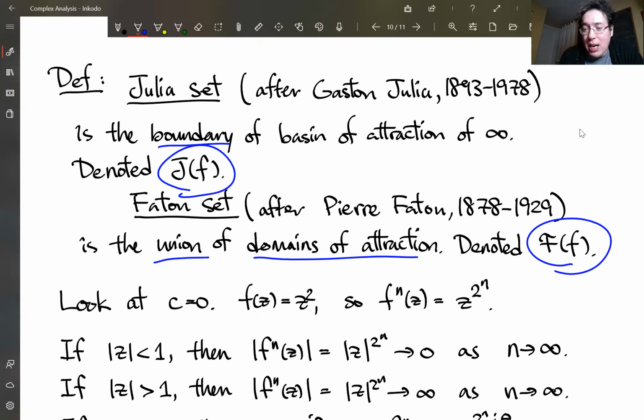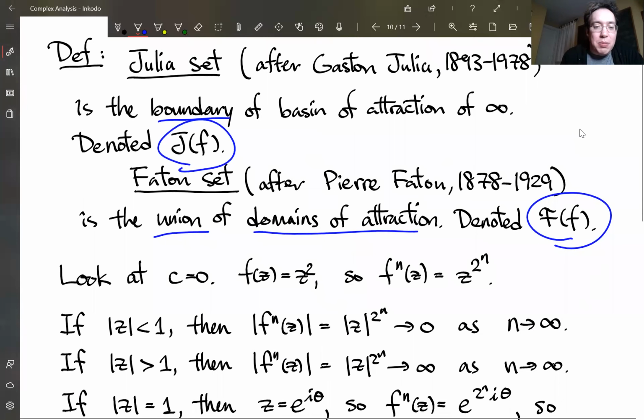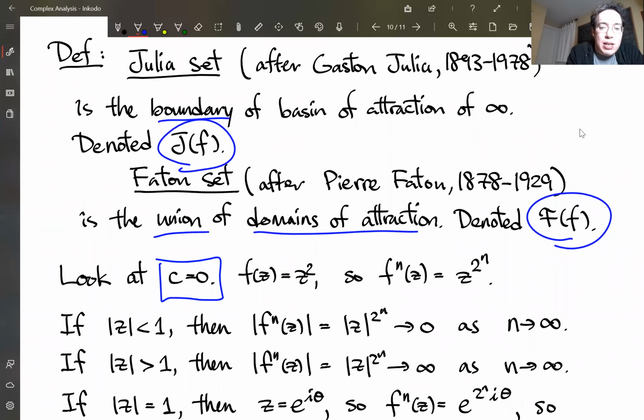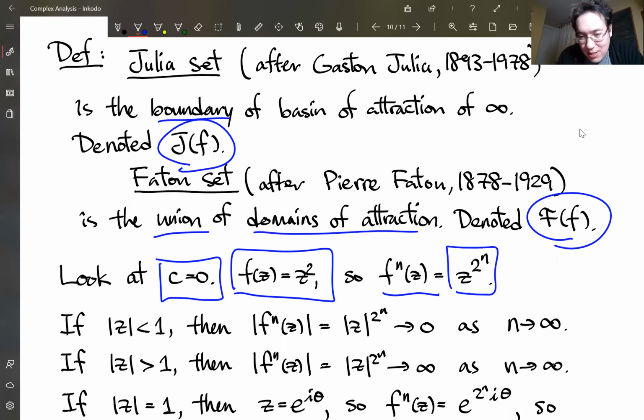Okay. So we're going to look at the simplest case here, just so we can apply the definition. Let's look at the case where c is equal to 0. So we're just looking at the function z squared and iterates of z squared. If we apply this function n times, we get z to the 2 to the nth power.